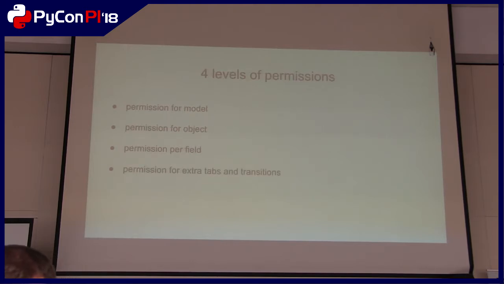So in Ralph we have four levels of permissions. The first one is permissions for a model. It's the plain Django admin permission that's given out of the box. The second one is permission for some particular object. The third one is permission per field. And the fourth one is permission for viewing some extra tab or running some transition.